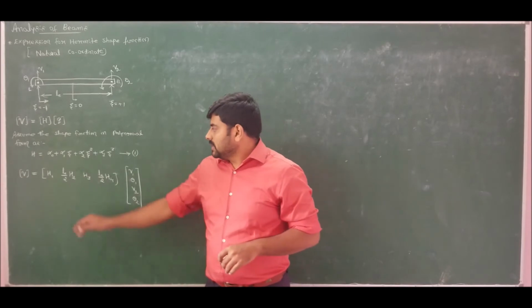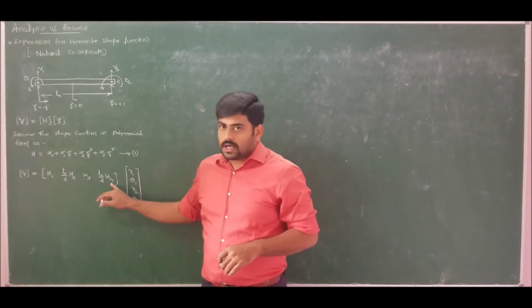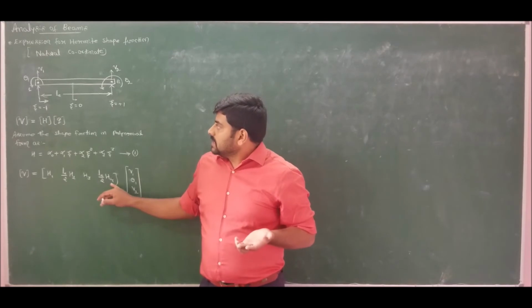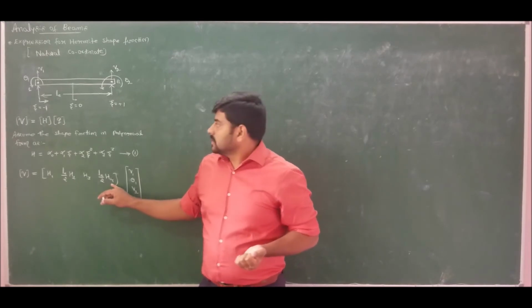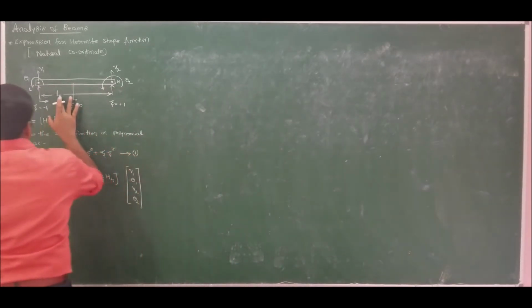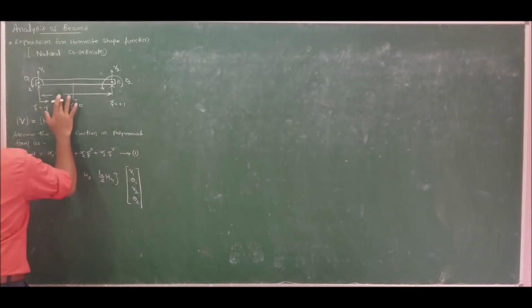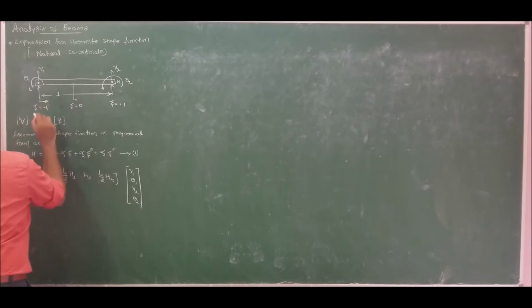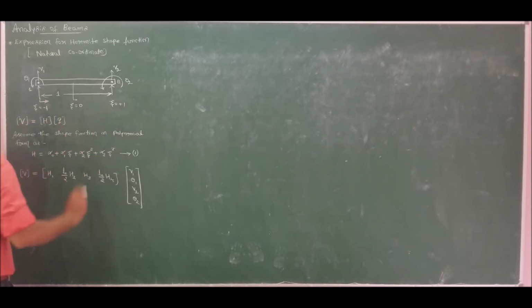Here also the values of h2 and h4 are nothing but the derivatives of length. Here the length is zeta. So instead of taking Le, let me take it as zeta, which is unity because zeta varies from -1 to +1.